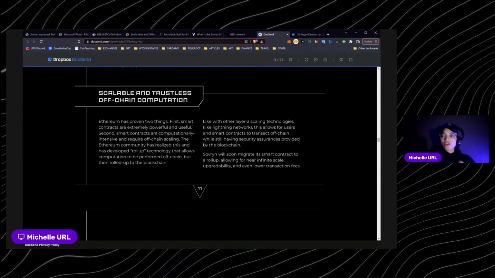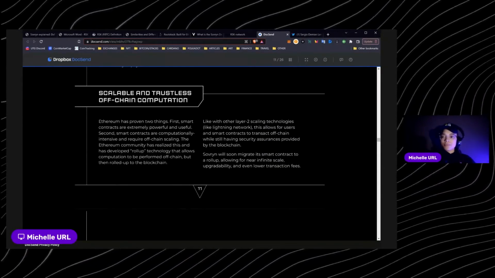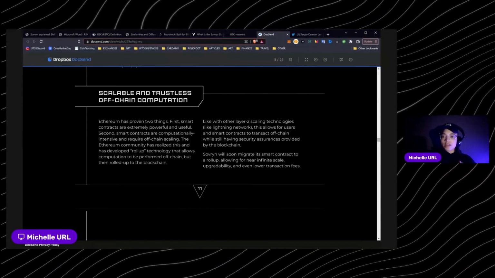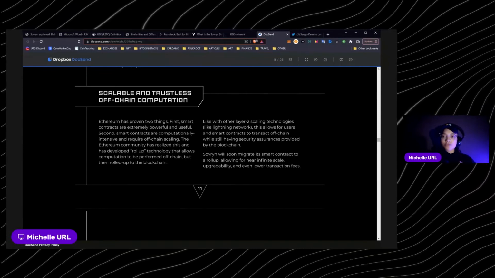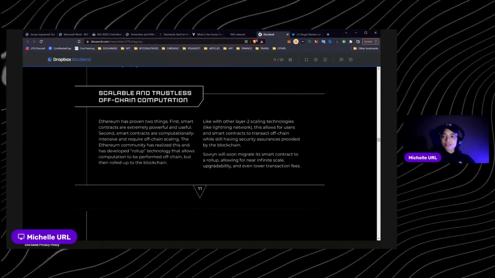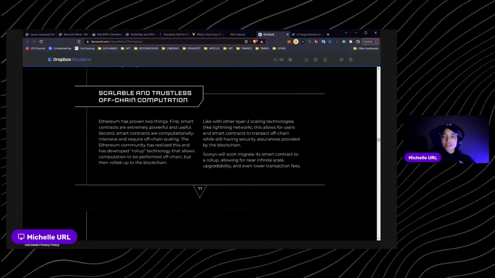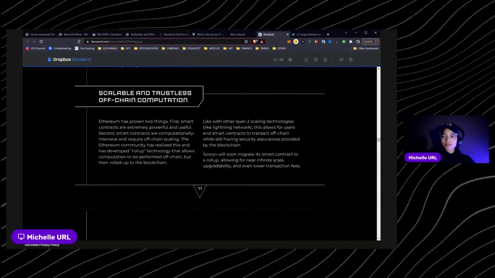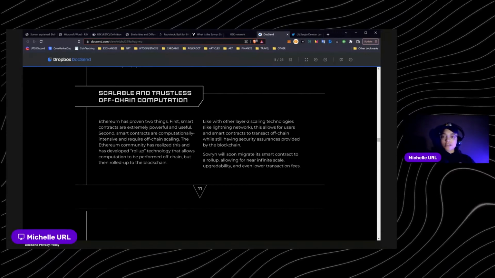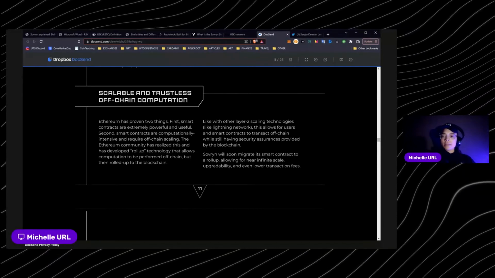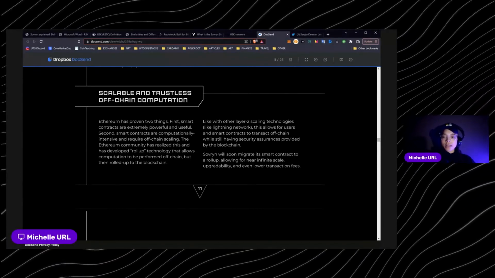Scalable and trustless off-chain computation. Ethereum has proven two things. First, smart contracts are extremely powerful and useful. Second, smart contracts are computationally intensive and require off-chain scaling. The Ethereum community has realized this and has developed roll-up technology that allows computation to be performed off-chain, but then rolled up to the blockchain.